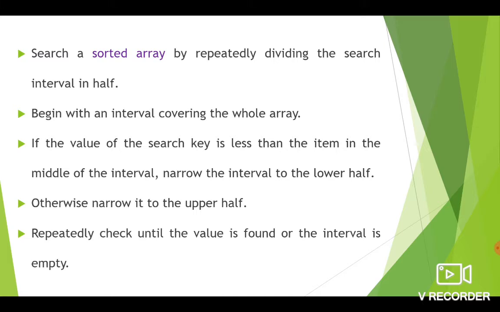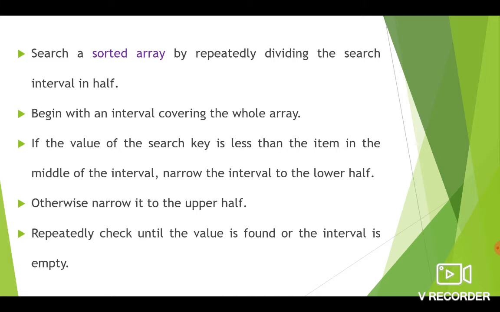So what does binary search mean? It searches a sorted array by repeatedly dividing the searching interval in half. You begin with an interval covering the whole array. If the value of the search key is less than the item in the middle of the interval, then you narrow the interval to the lower half.